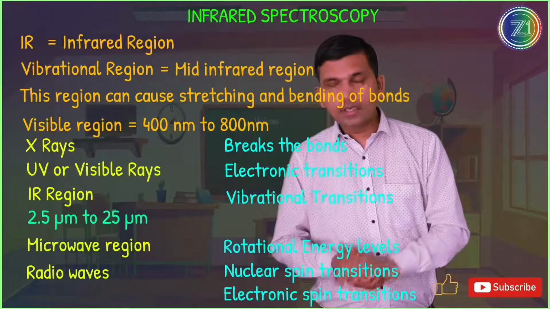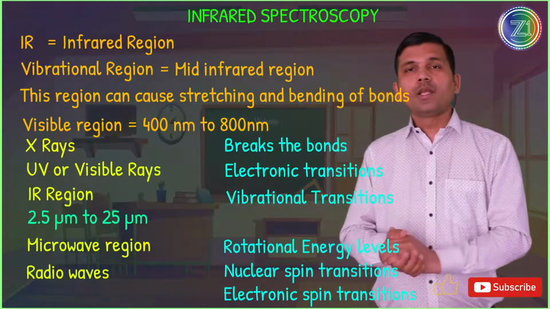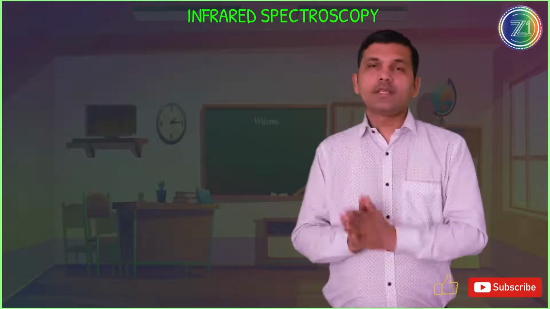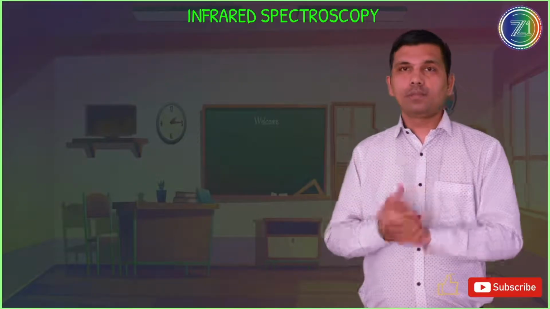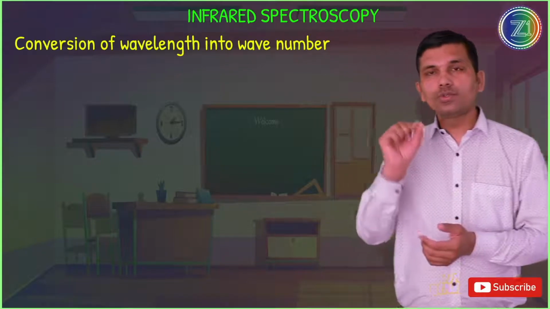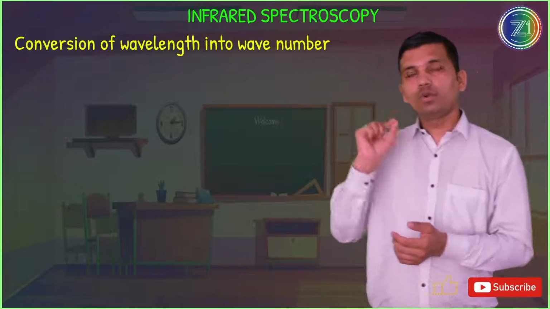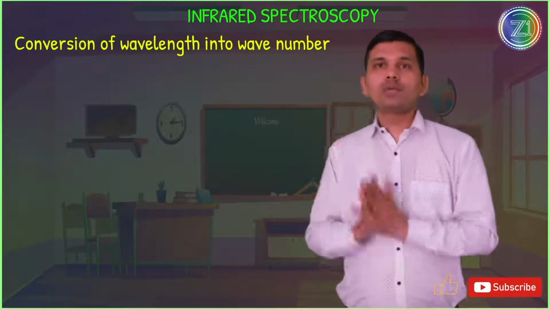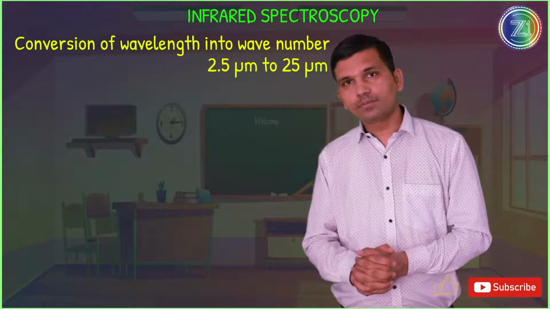Next, I am going to tell you that now we will use the wavelengths in terms of wave number. I have told you that we are going to use the 2.5 micrometer to 25 micrometer region of the electromagnetic spectrum.